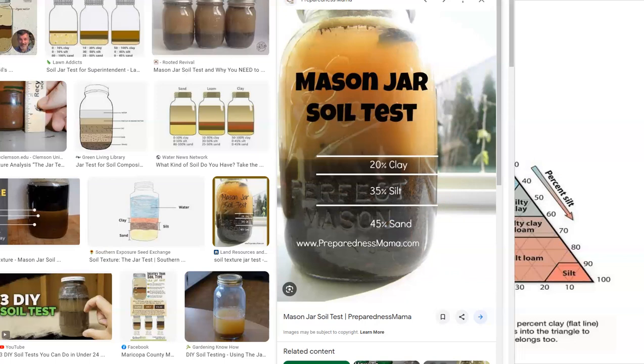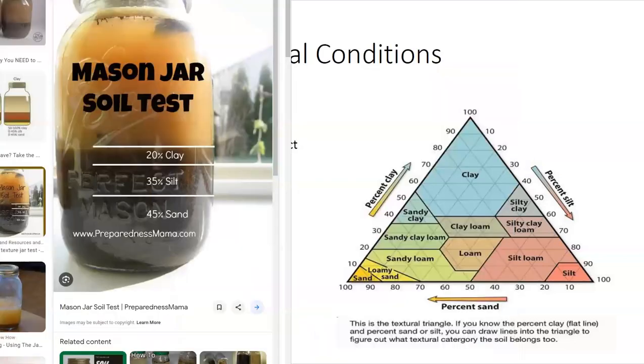So if we zip this off to the side, the way that this is actually done is, we start with percent sand, at 45% sand. I'm going to find the 45% mark and draw a line towards the percent clay. My next line, I'll use blue for percent clay. I've got 20% clay, so here's my 20% mark.